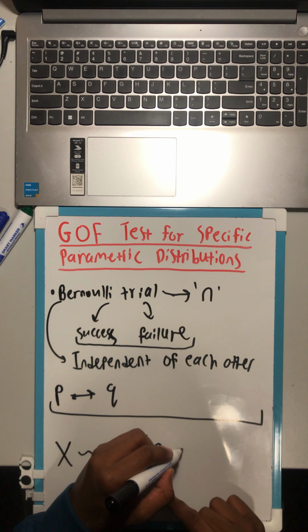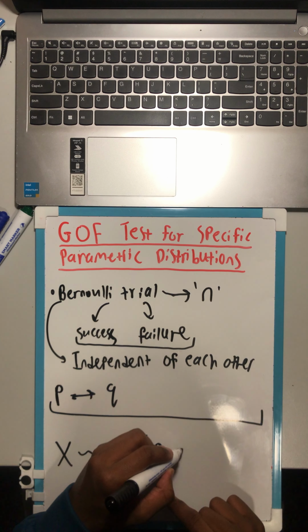Again, the binomial distribution has a PMF, a probability mass function. The PMF is used to calculate probabilities for each value of the random variable.